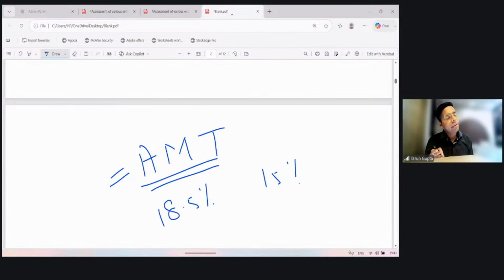But unlike MAT, there is no such big computation of book profit in case of AMT. MAT starts with the book profit, the net profit as per the P&L account prepared in accordance with the Companies Act. While computing AMT, the computation starts with the total income as per the normal provisions.